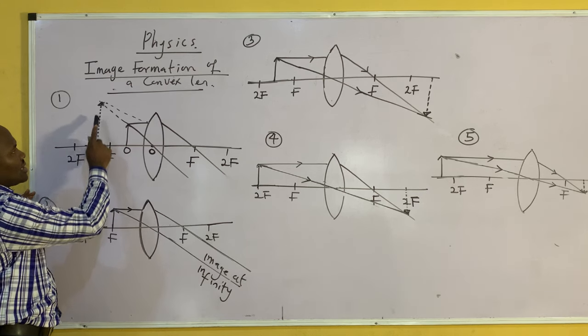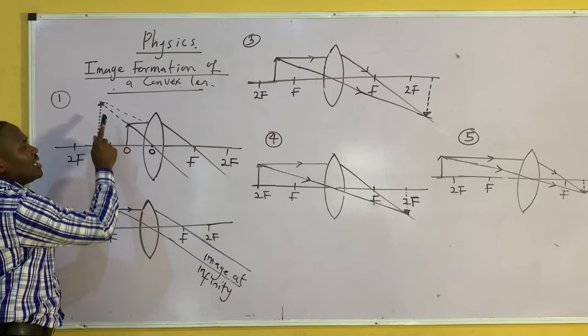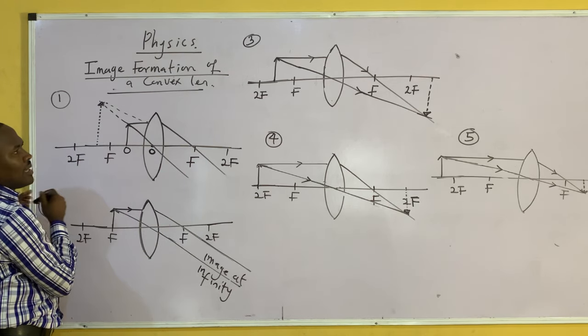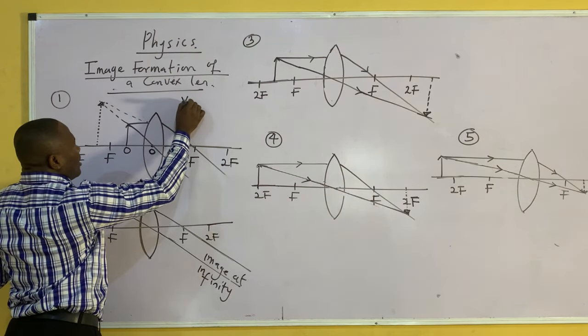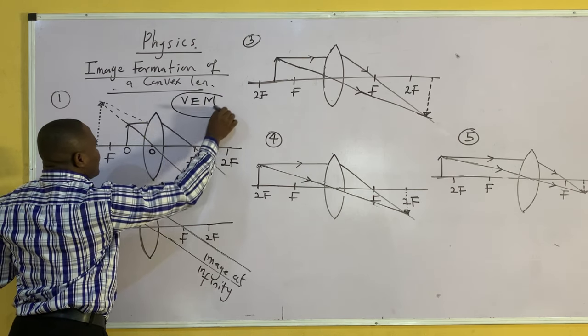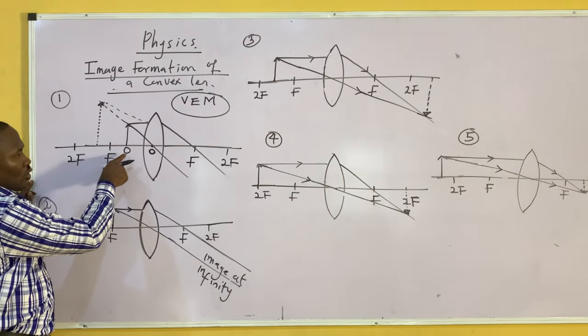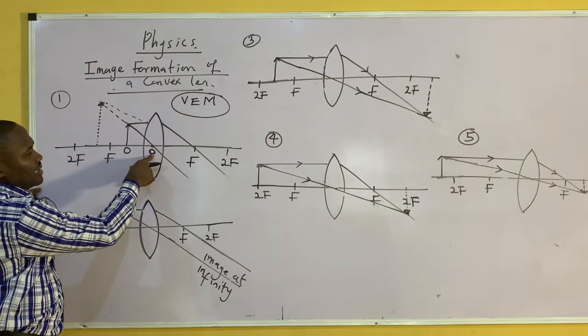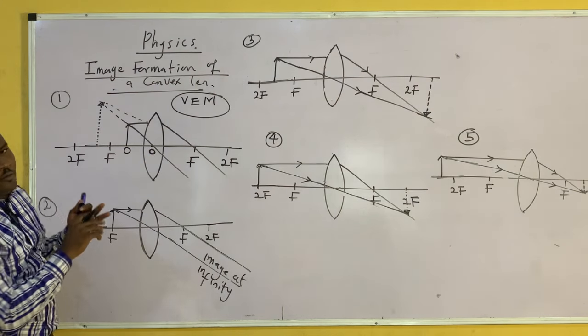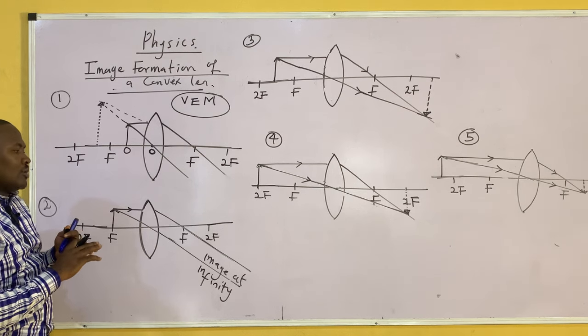The image is erect, virtual and magnified. That's the kind of image you have here. When an object is placed between F and the optical center, you have a virtual, erect, and magnified image.